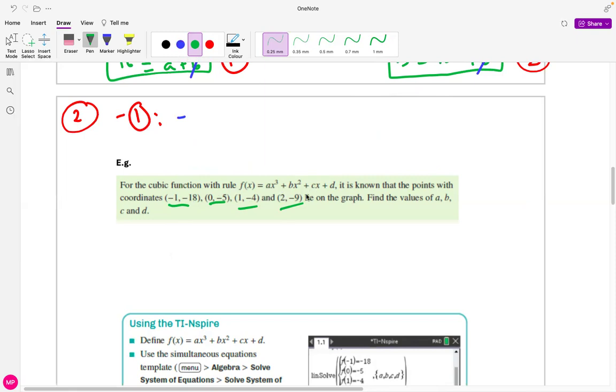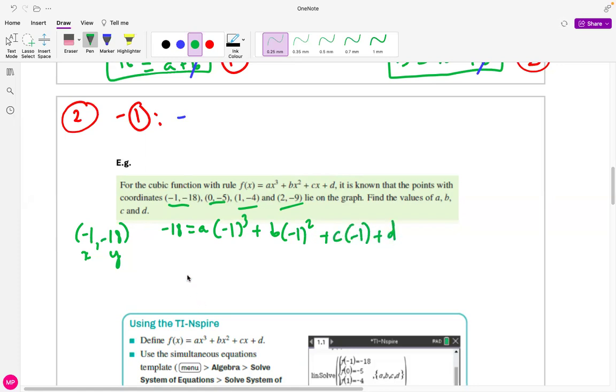If I do the first point, (-1, -18), this is the x, this is the y. So I have -18 equals a times (-1) cubed plus b times (-1) squared plus c times -1 plus d.